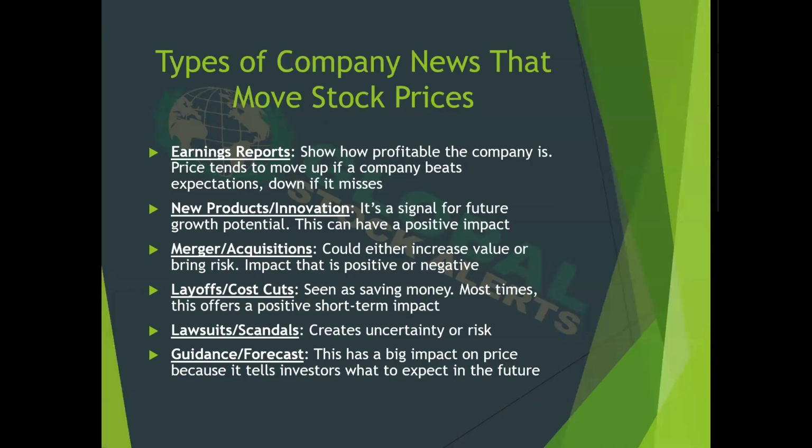So you might look at a website, and it might say that a company reported earnings. Either they missed earnings or they beat earnings. So there are two parts to that.